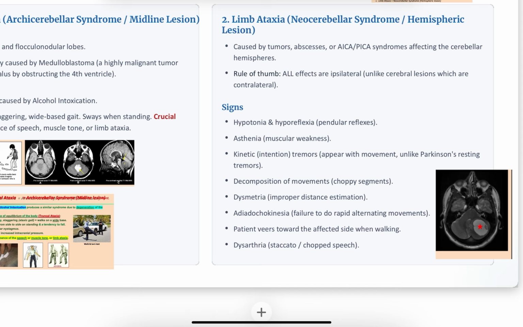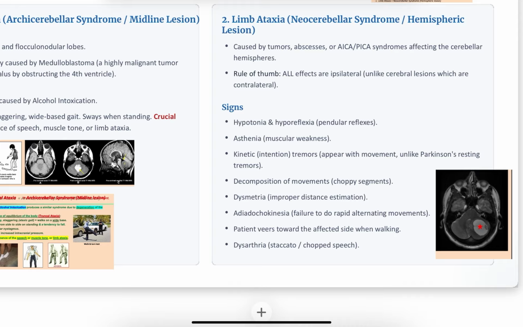Here, we need to remember a very important rule that the cerebellar effects are ipsilateral, unlike the cerebral lesions. In the cerebellum here, it's ipsilateral. So the finding will happen on the same side of the lesion.